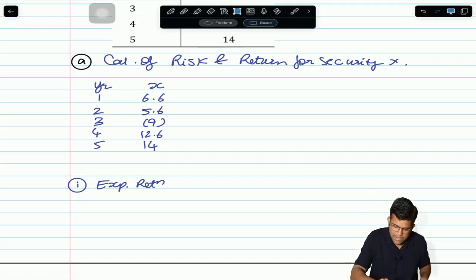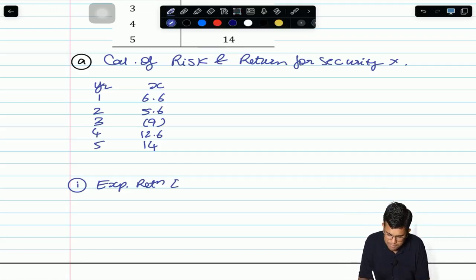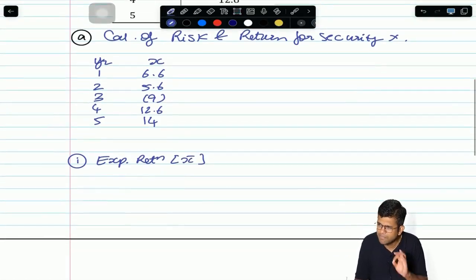How do we calculate average? Average basically refers to the mean. Have you heard of this term X bar? It's the mean. Mean means simple average.